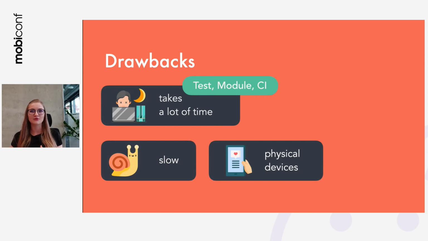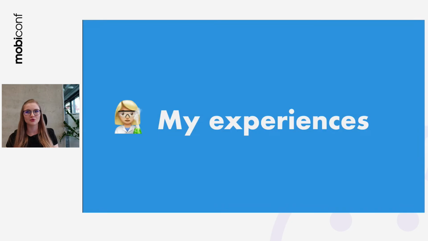And to be exact, we have to run them on the same physical device each time to be able to compare the results. So both those factors may introduce some problems when you want to integrate this process into your CI, especially if you want to write a lot of those tests and if you don't have a lot of physical devices available.